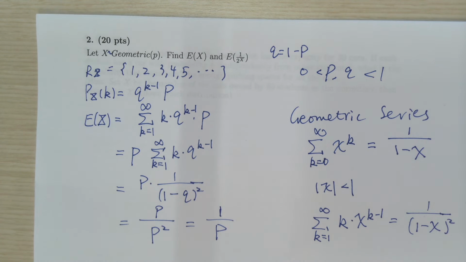Why? Because if you think about it, the random experiment following this geometric distribution, one example is we toss a coin until we observe the first head.